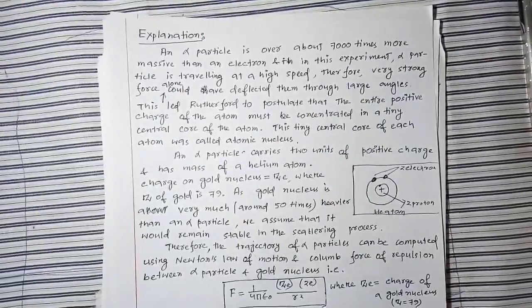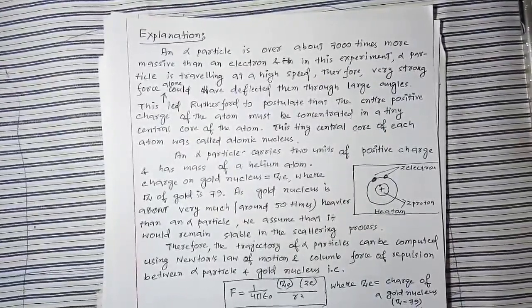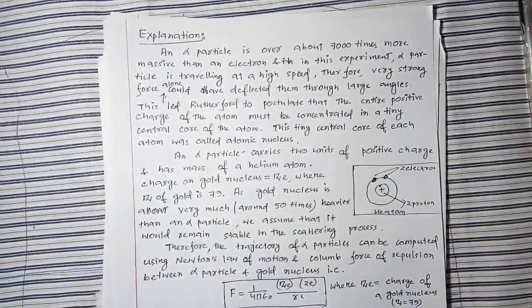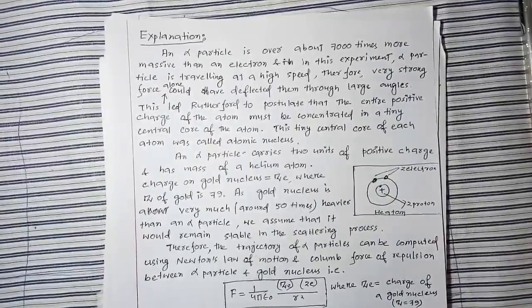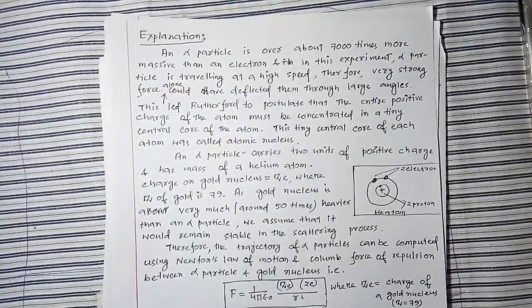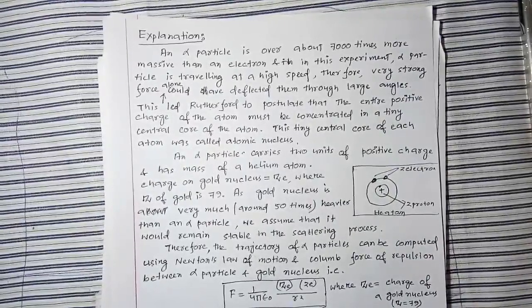So they will have to move through the atom. If the atom did not contain empty space, how could the alpha particle move through them? Are you getting my point? And since the maximum number of alpha particles is moving undeviated, that means the maximum space inside the gold atom will have to be empty. Okay.